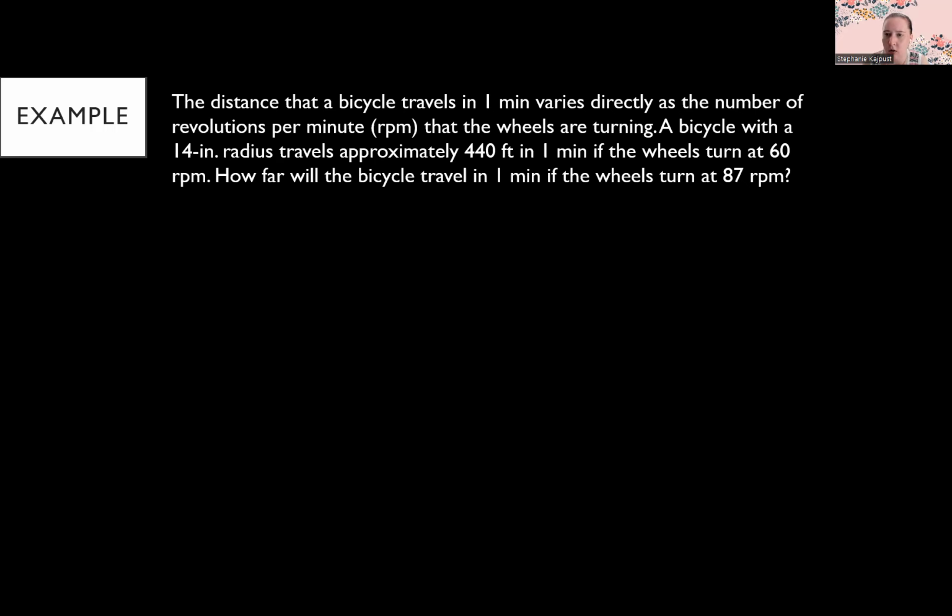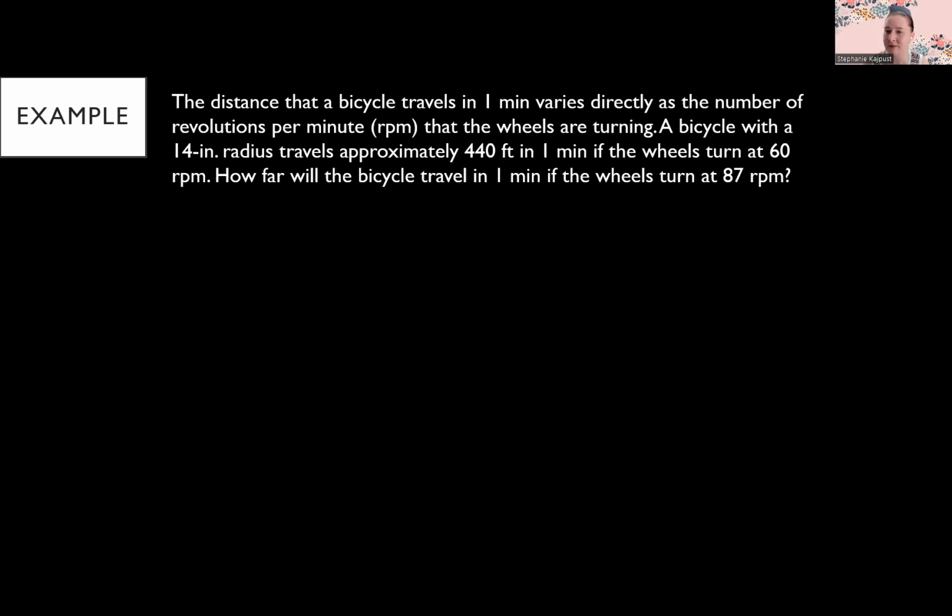So the 1 minute part is not a number we are ever going to be using in our equation because it's just part of the variable. Because notice we're not asking about different amounts of time. It's always asking about 1 minute.